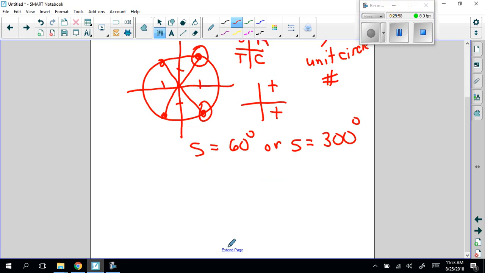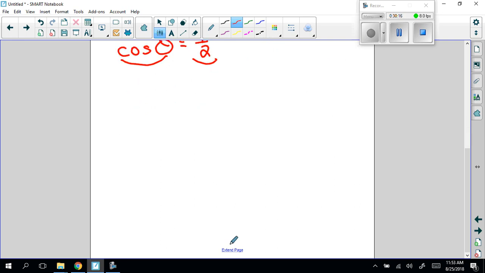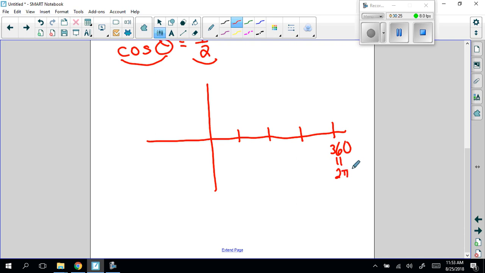Now, I can also work this problem another way. Cosine theta equals 1/2. Well, anytime there's an equals in math, when does this graph equal this graph? This is y equals 1/2, the horizontal line, and this is y equals cosine x, or cosine theta. So if you memorize what the graph looks like, let's say on 360 or 2 pi, cosine is memorized to look like this.